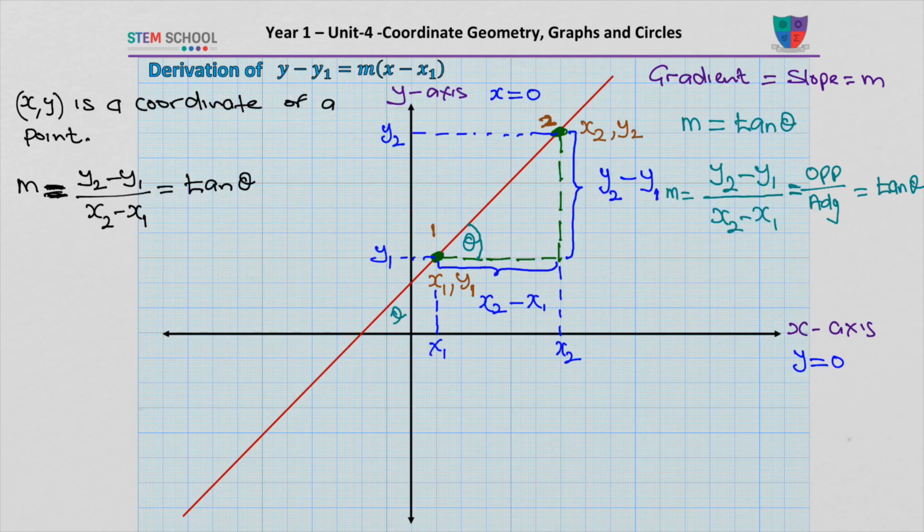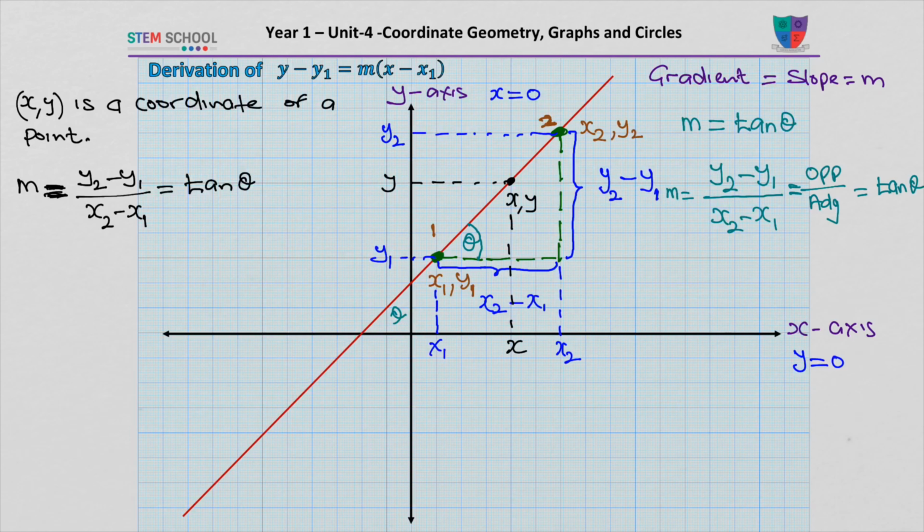Now I'm going to pick a point here, and I'm going to call that point x and y, and I'm going to trace that point here. That's going to be y, and I'm going to trace that point down here, and that's going to be x. You can see x is greater than x1.